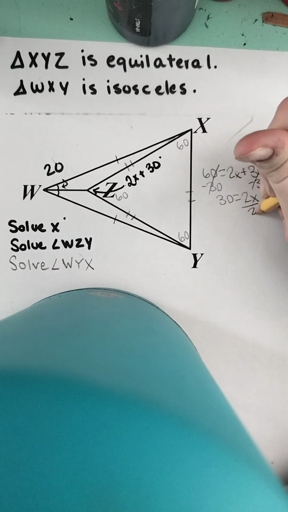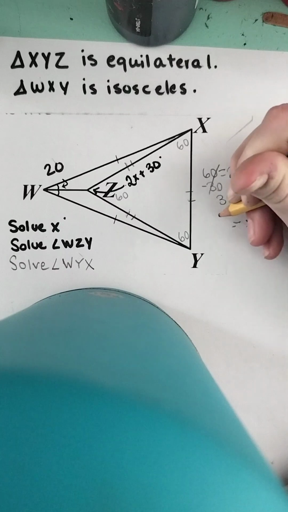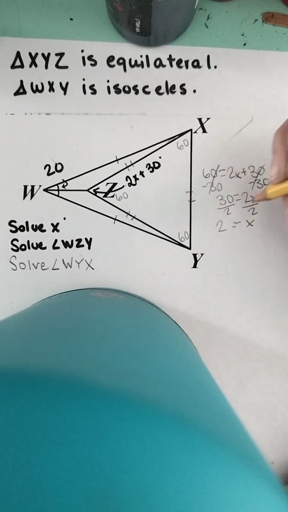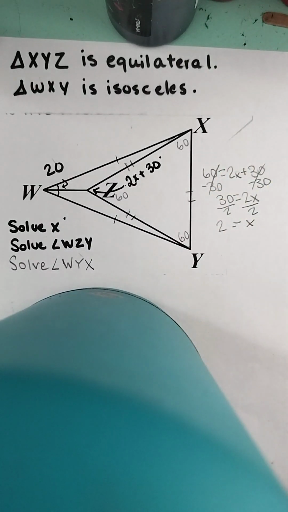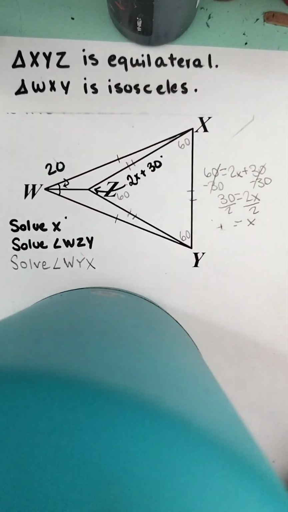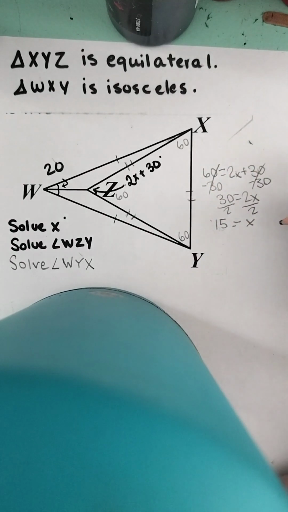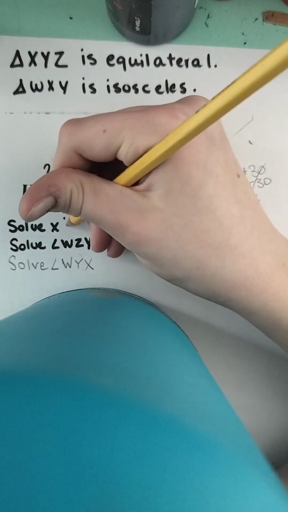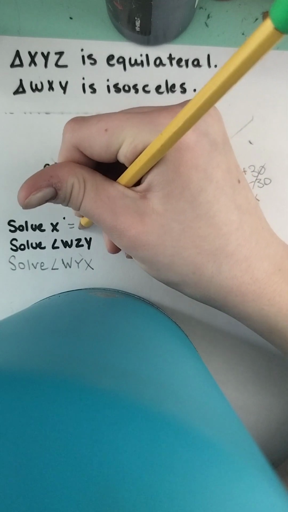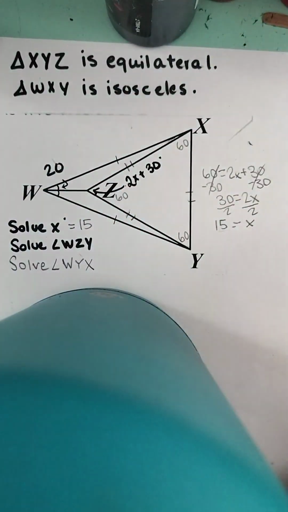Then we divide both sides by 2. And we get 15. So we already know that x is equal to 15.